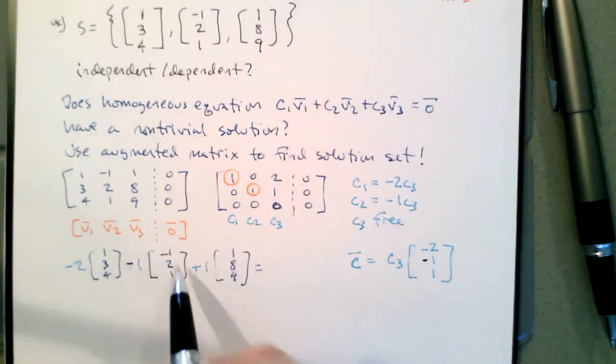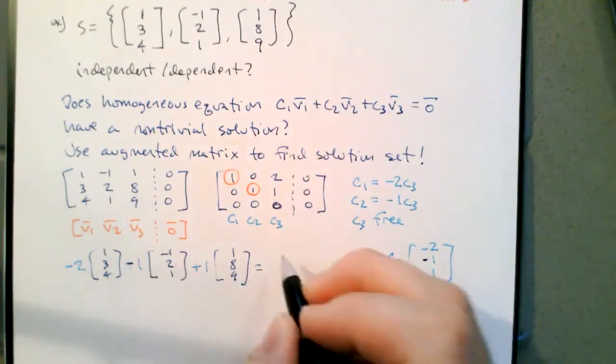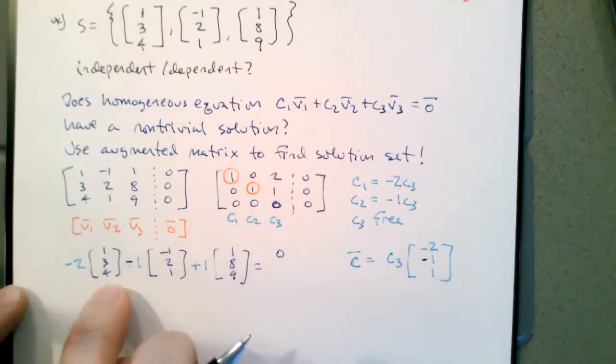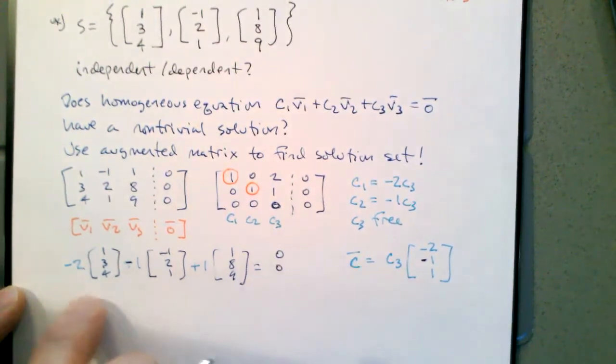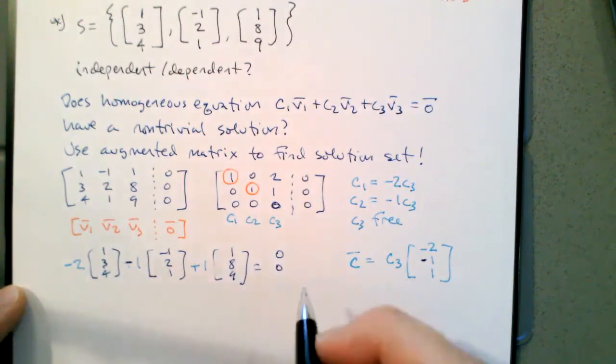So -2 plus 1 is going to be 0. -6 plus 8 minus 2 is 0. And then -8 plus 9 minus 1 is 0.